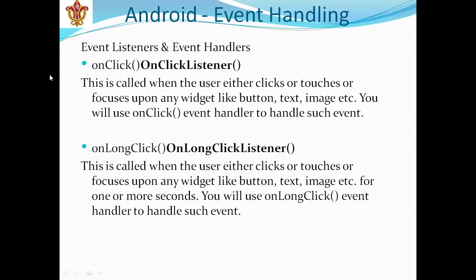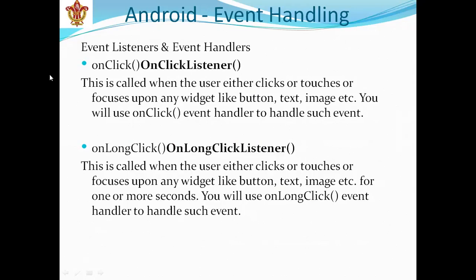So first of all, we will see the on click listener. This is called when the user either clicks or touches or focuses upon any widgets like button, text, image, etc. You will use the on-click event handler to handle such events. What is the event handler?